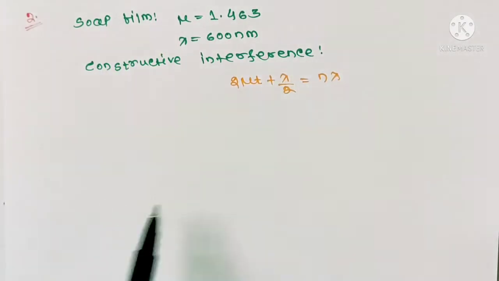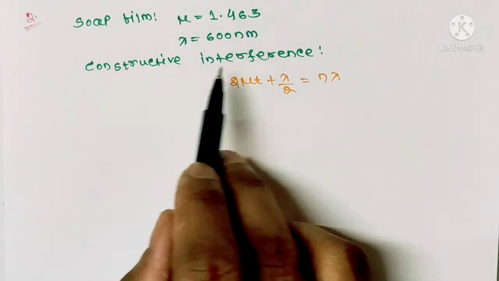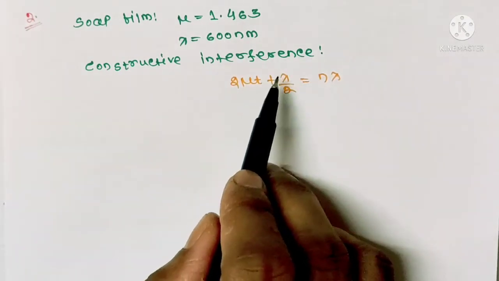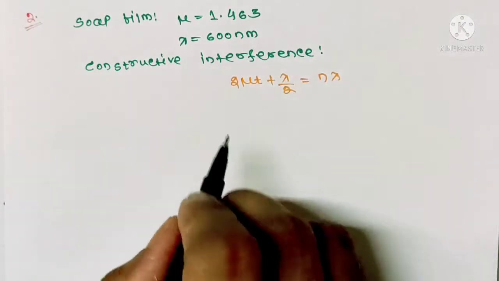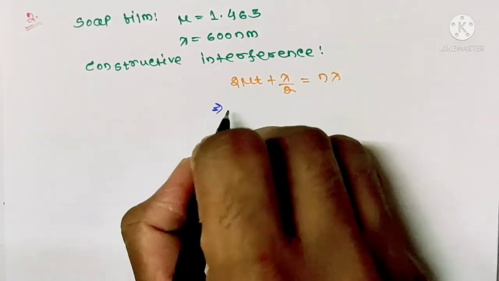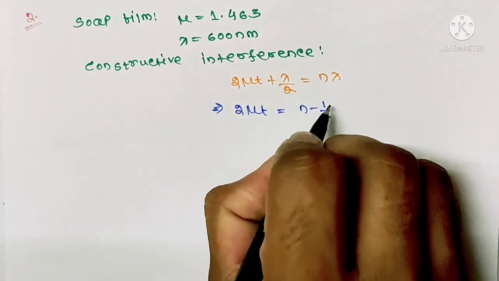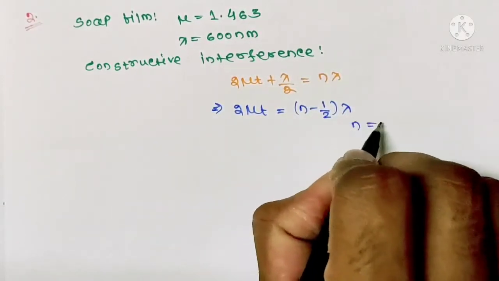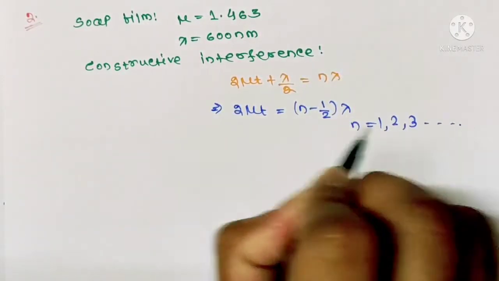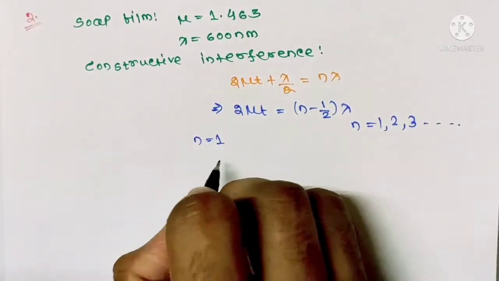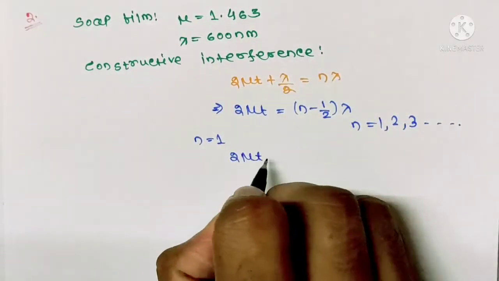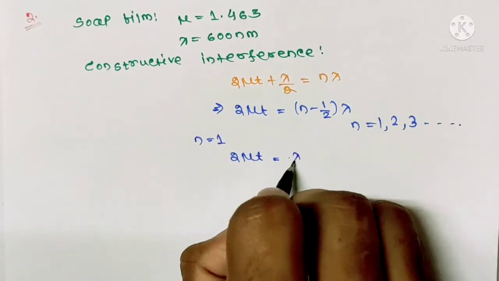So starting with the condition of constructive interference, that is 2 mu t plus lambda by 2 equals n lambda. So from here 2 mu t equals (n minus half) lambda, where n equals 1, 2, 3. For n equal to 1, 2 mu t will be lambda by 2.